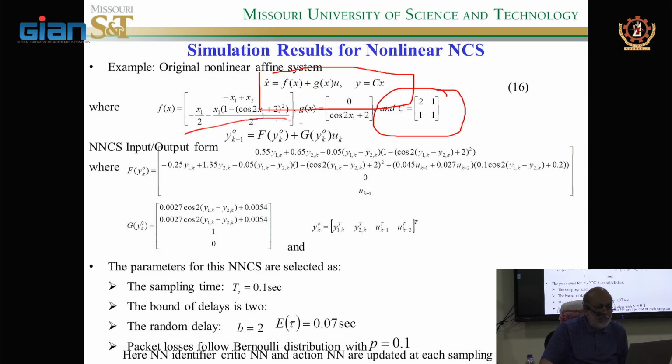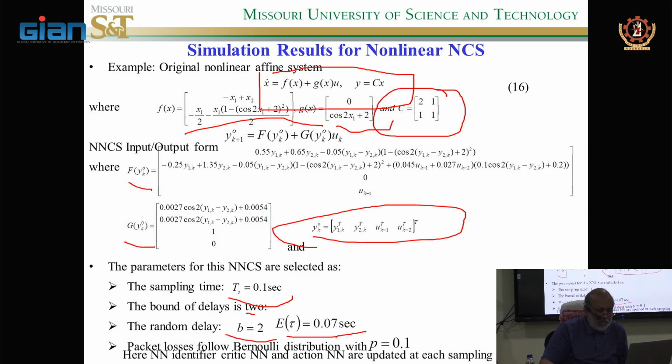So here is f of x, this is g of x. We updated it with all the packet losses and everything, and you end up getting this is f, this is g. And here is the history. So sampling interval is Ts equal to 0.1 second. The delay bound is 2, random delay, E of tau is this. Bernoulli distribution with E equal to 0.1.